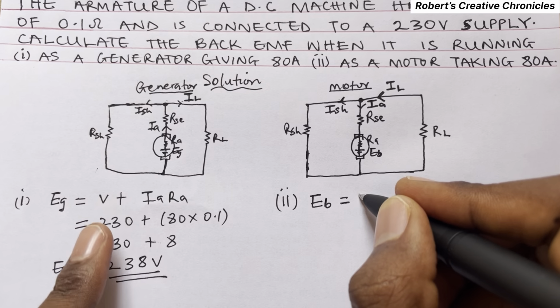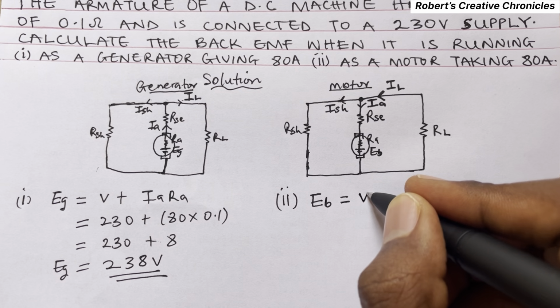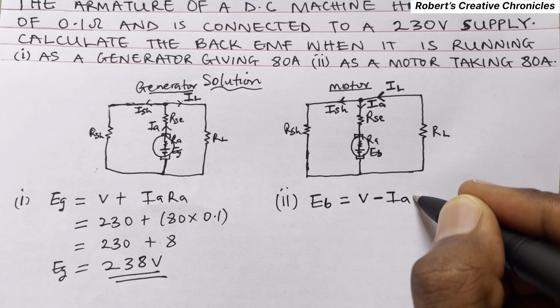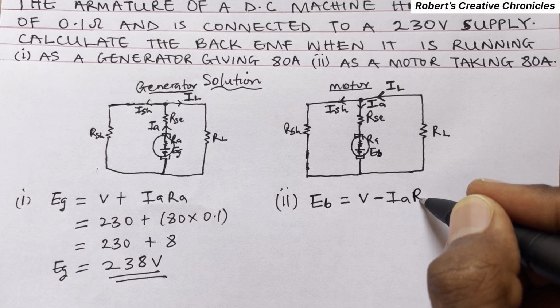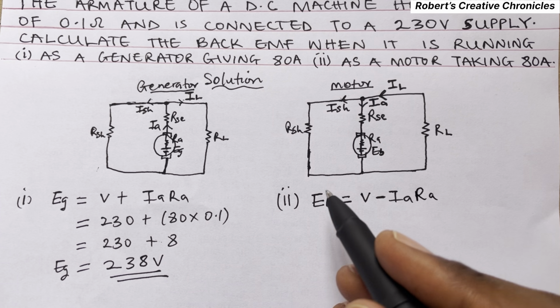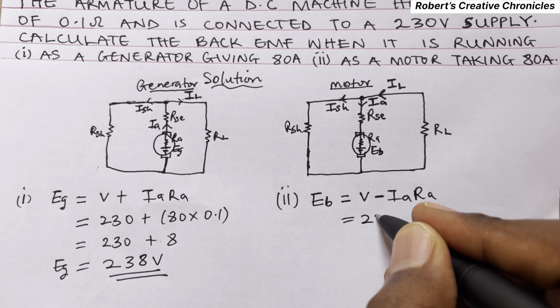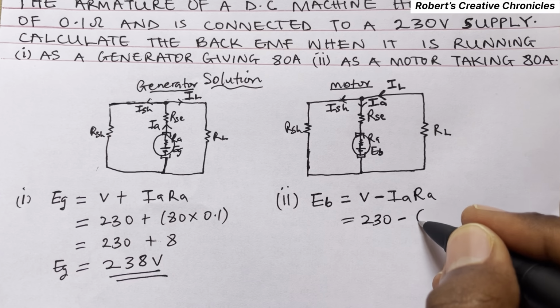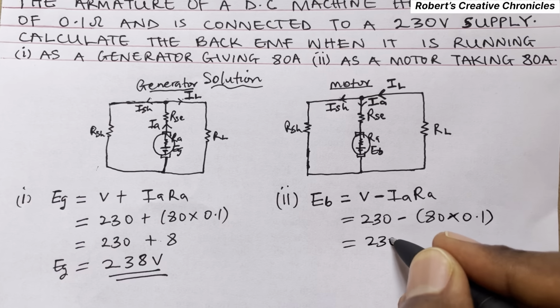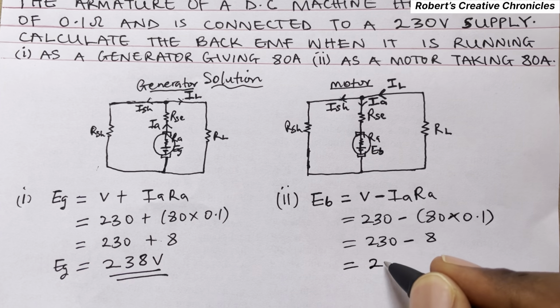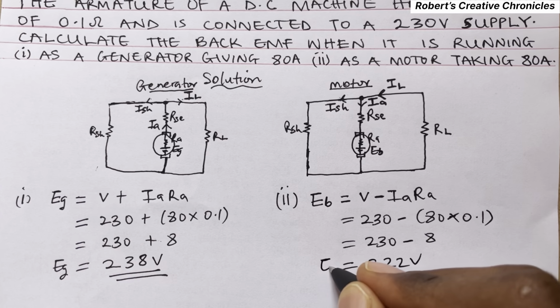Instead of plus, here is minus, so it will be V minus IA RA. So there is a minus for a motor. It will be 230 minus 80 times 0.1. That is 230 minus 8, which is 222 volts.